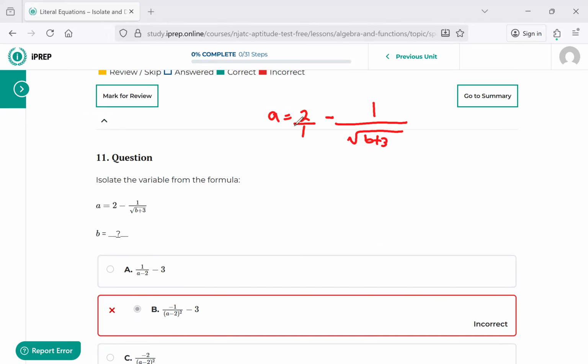So this 2 has a bottom 1, this a has a bottom 1, this down here has a bottom of square root of b plus 3. So it looks like my LCD is 1, 1, and then square root of b plus 3. So it's really just square root of b plus 3. Okay, so what you're going to do is multiply all sides by the square root of b plus 3.